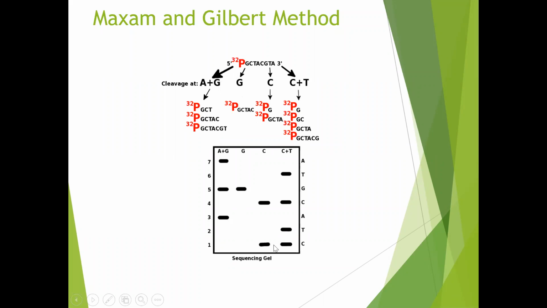So here, if you see on the same level, you have a band in C plus T and also a band in C. If the band is formed in both the C plus T and C lanes, that means the base there should be C. That means it is terminated at C. So you write C here. And then here there is a band in C plus T.